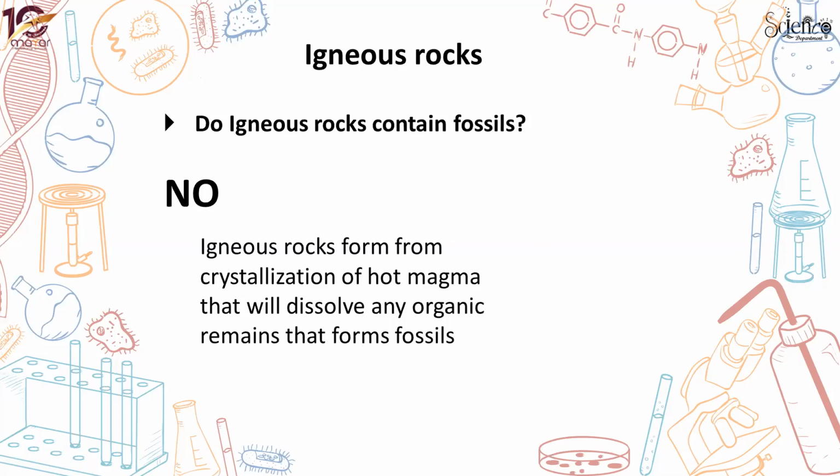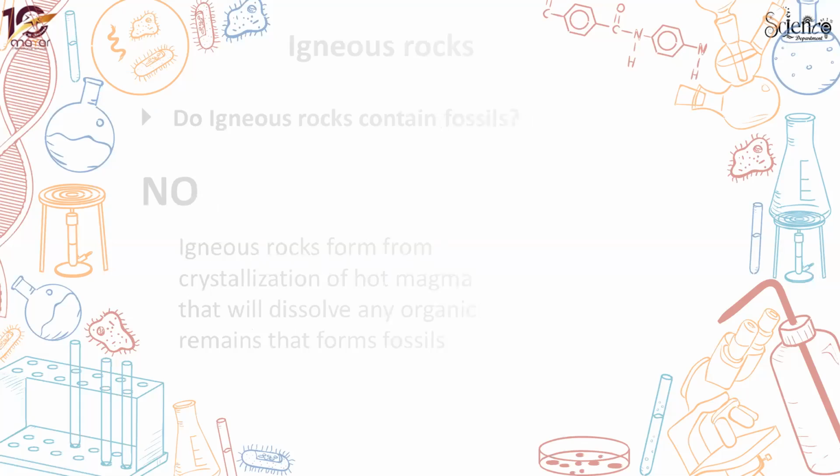So if there are any remains, any organic tissues, any prints left behind, magma is going to melt and dissolve the remains. So igneous rocks, of course, have no fossils at all. Okay?